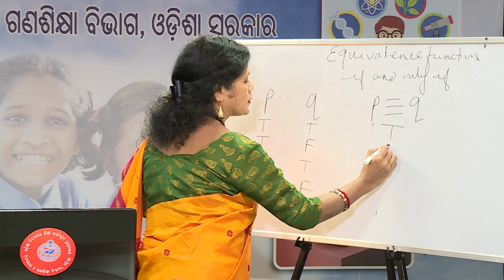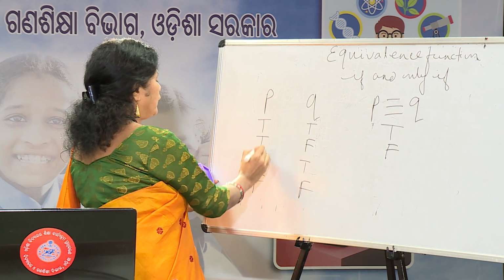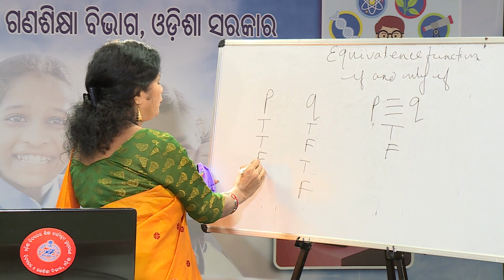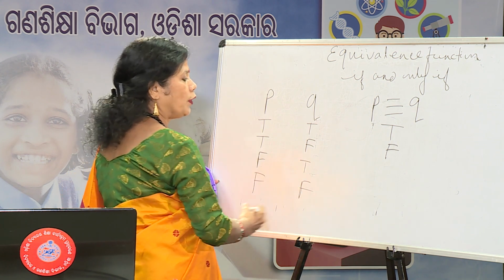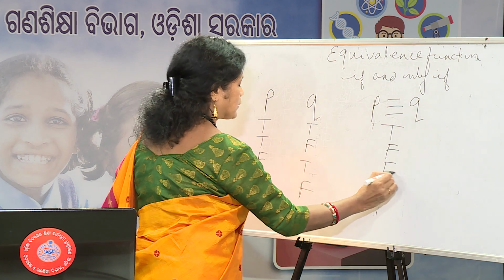So this is false. And next one is p is false, q is true. This is also unequal. So this is false.